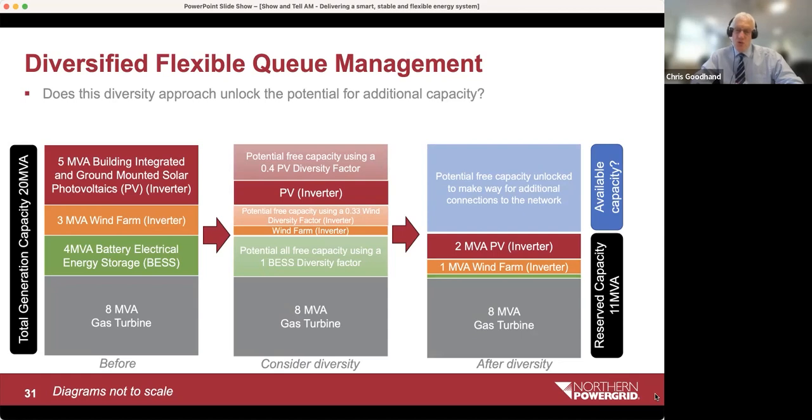And this project is all about exploring how we might do that, what issues we have, how we can dynamically manage the connection queue at any particular point, and how we can regard the generation that's there and its inherent characteristics in order to exploit that diversity and see if we have more available capacity. So that's the problem.